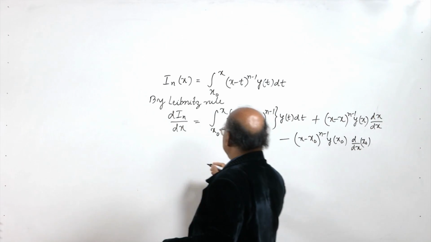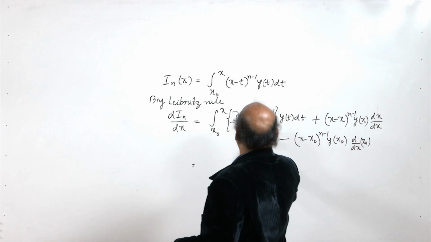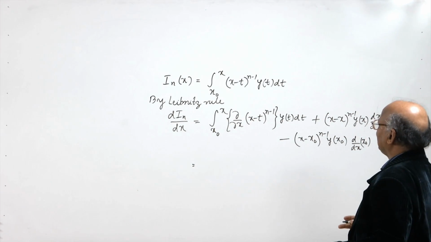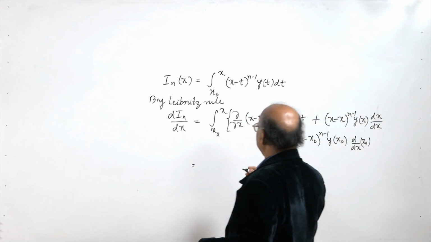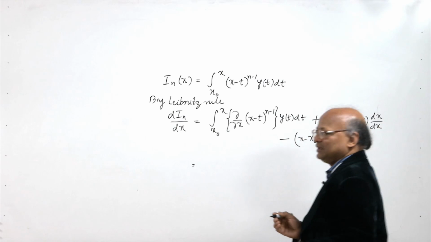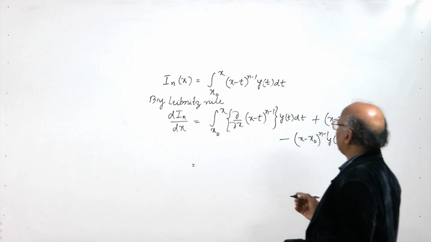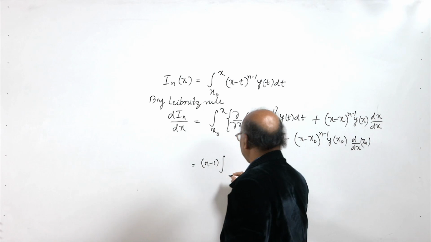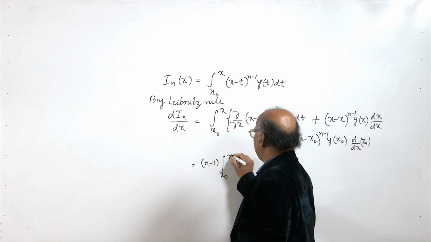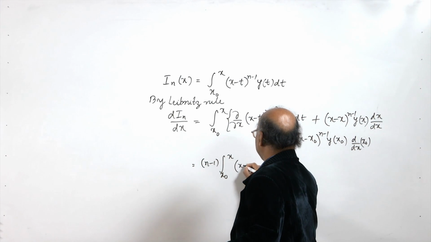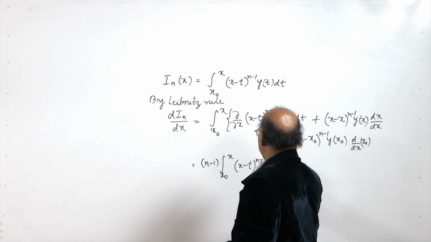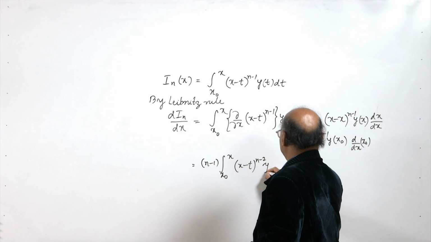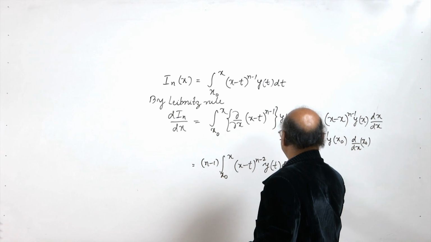Now, when you differentiate (x minus t) raised to the power n minus 1 with respect to x partially, you get n minus 1 into (x minus t) raised to the power n minus 2. So, n minus 1 being a constant can be written outside, and we get the integral from x naught to x of (x minus t) raised to the power n minus 2, into y(t) dt.